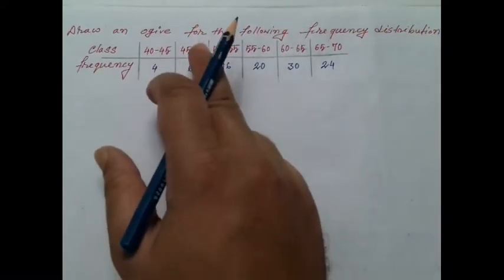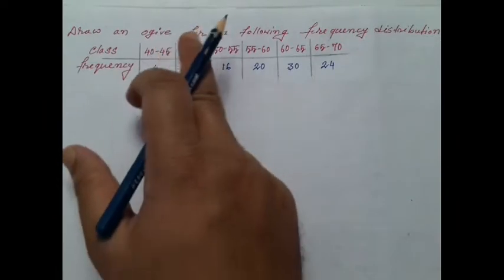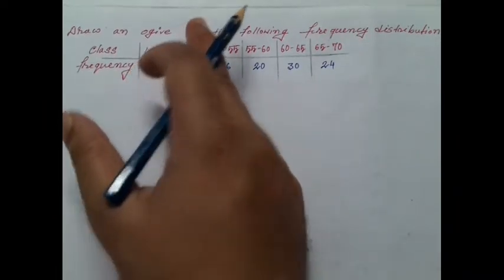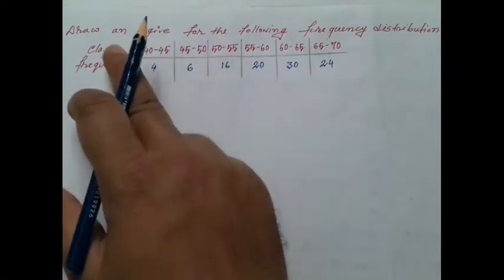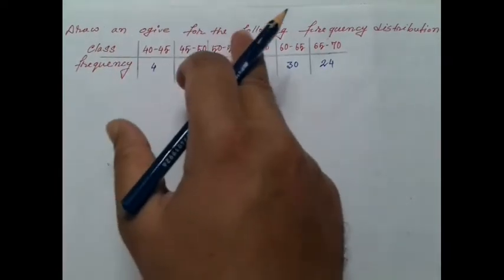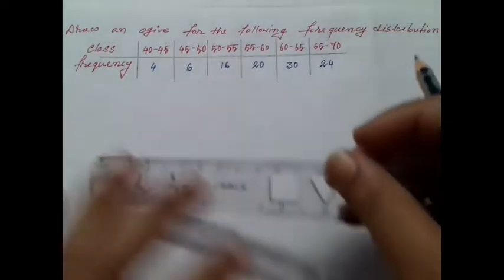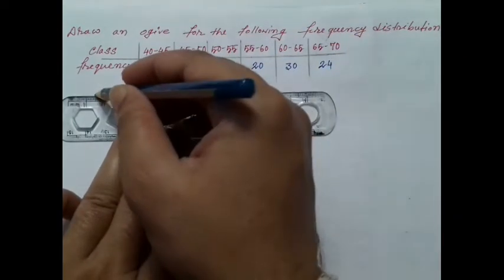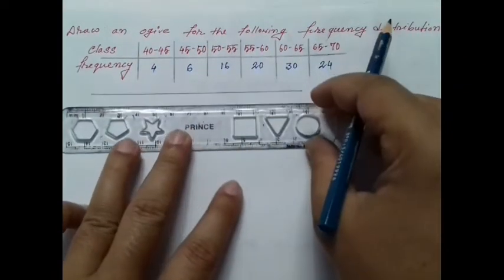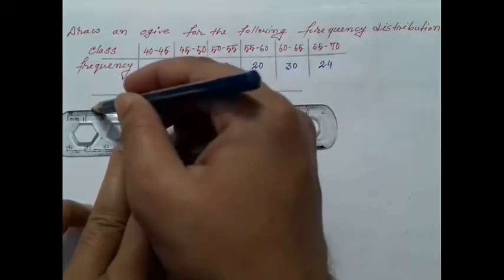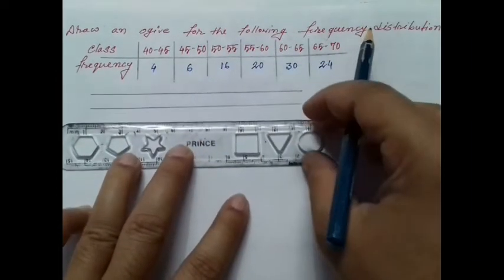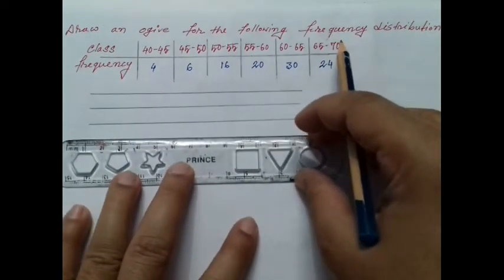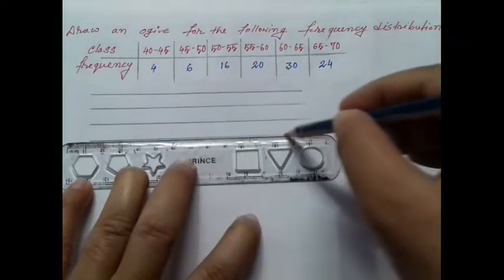Actually, the more than type ogive we have to draw here. It will be mentioned in the exam whether more than type or less than type, or you may do any one of them. So draw an ogive more than type for the following frequency distribution. Like the previous one, at first we have to make the table. Here I will show you how by drawing two types of ogive we can get the median. Lastly, you have seen how from the less than type ogive we can get the median.